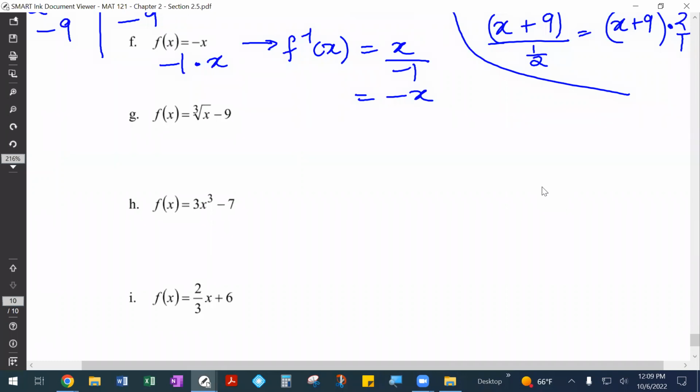And that's kind of where that order becomes important. That's the very first thing you did, so that's what we're undoing.